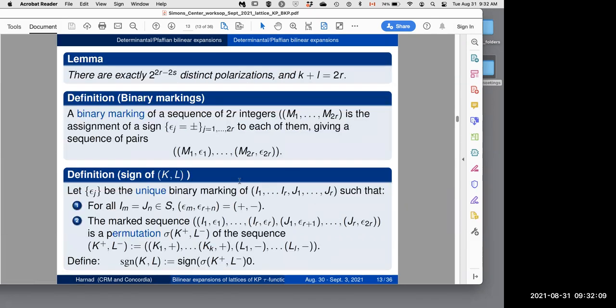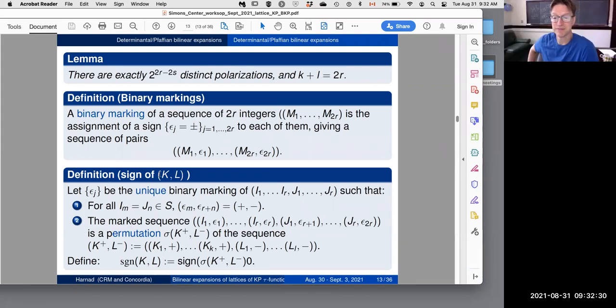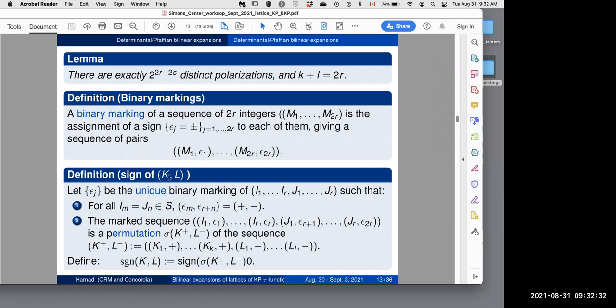Okay, so the markings, as I say, are a set of signs that are attached to this sequence, so it's a refinement. And that makes it, if you do the counting, a one-to-one correspondence with what we're going to now identify. So we have to define a sign of a pair KL.